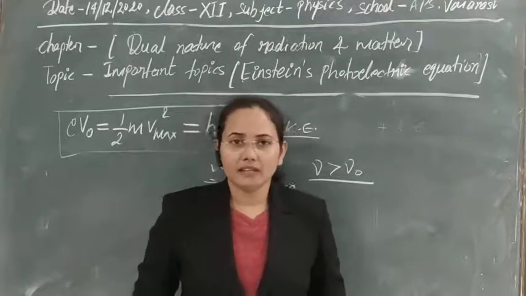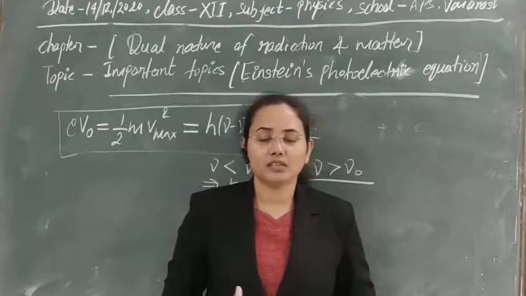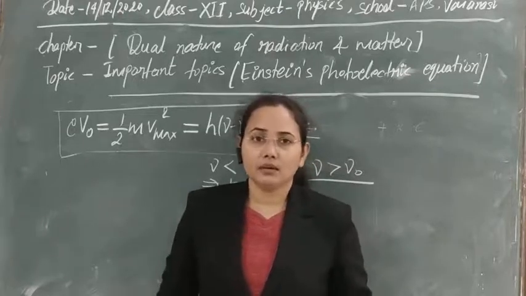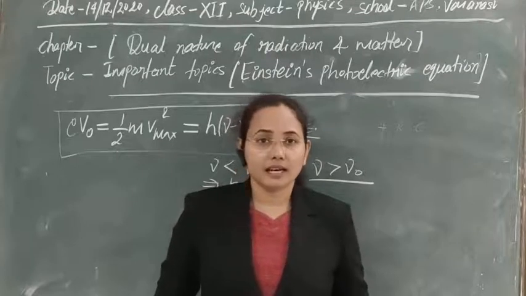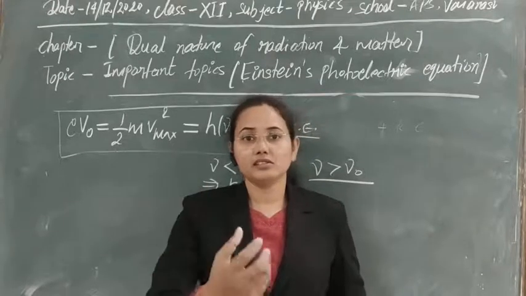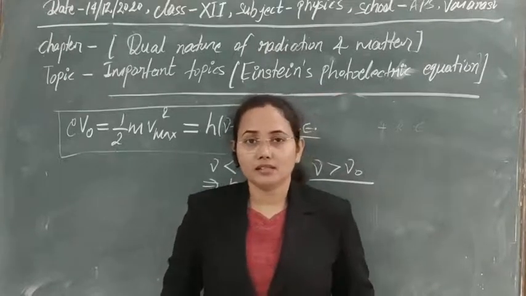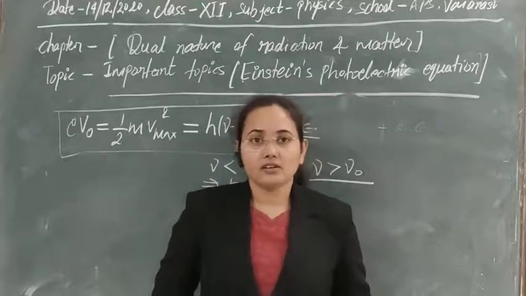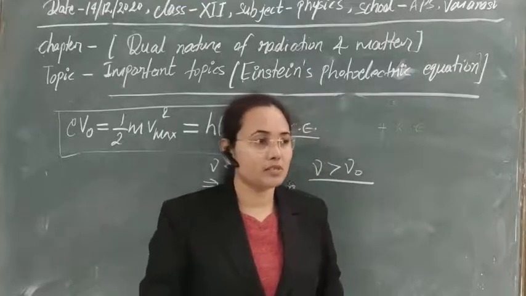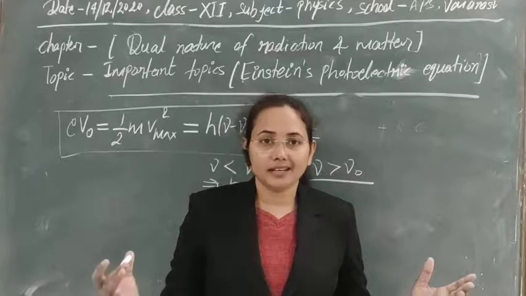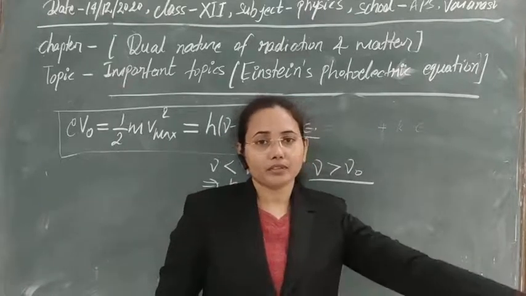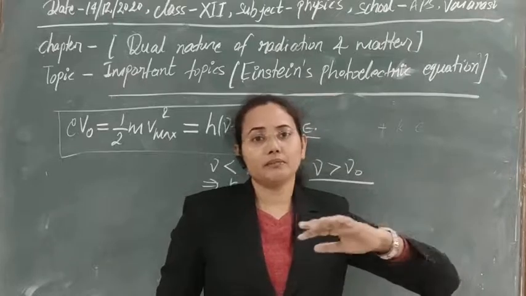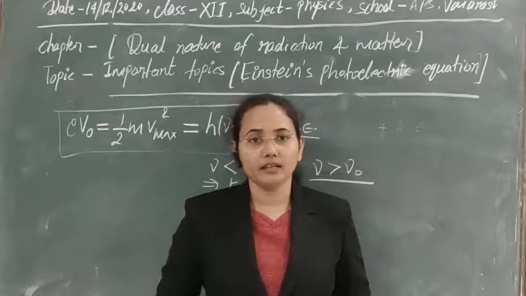So in that way, none of the electrons would be able to overcome the potential barrier. Or suppose all electrons are getting uniform energy; in that case some of the electrons will be freed, but some of the electrons will not be freed from the system.